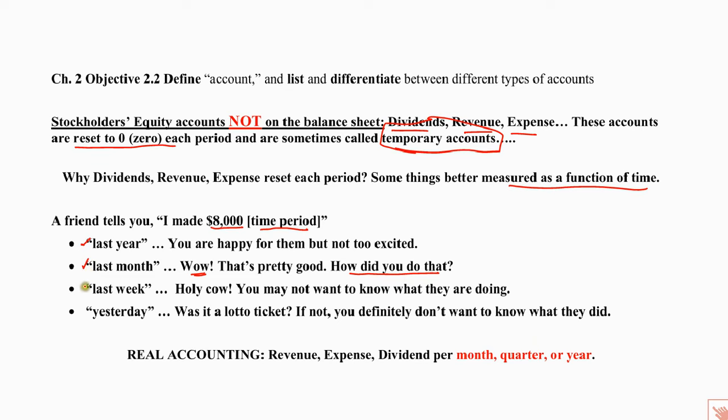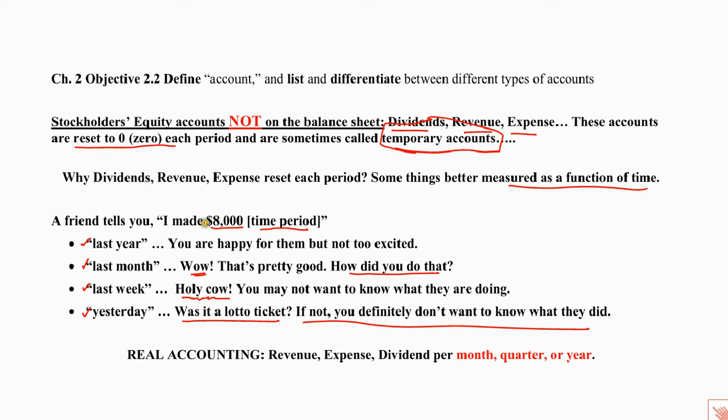If they tell you, hey, I just made $8,000 last week, you might be like, holy cow. And you may not really want to know what they're doing. And if they told you I made $8,000 yesterday, the first thing you might think is, was it a lotto ticket? And if not, you definitely don't want to know what they did.